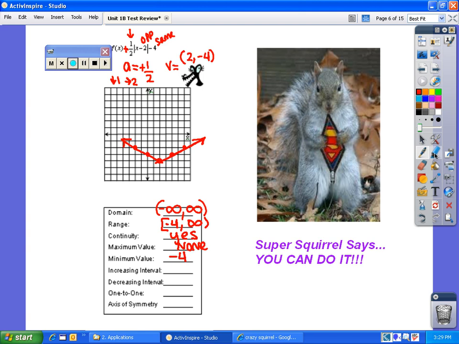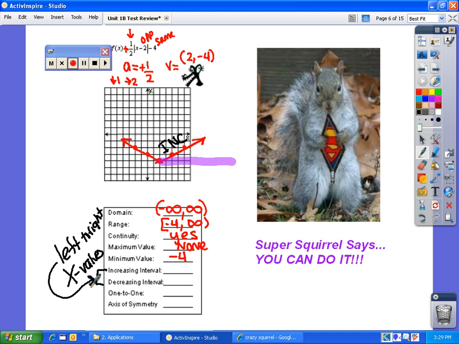Alright, now for the intervals. So if we look horizontally from left to right on this increasing part of the graph, it's increasing right here. What x values am I using? So remember, these are x values. Looking from left to right, what x values am I using to make this increase?